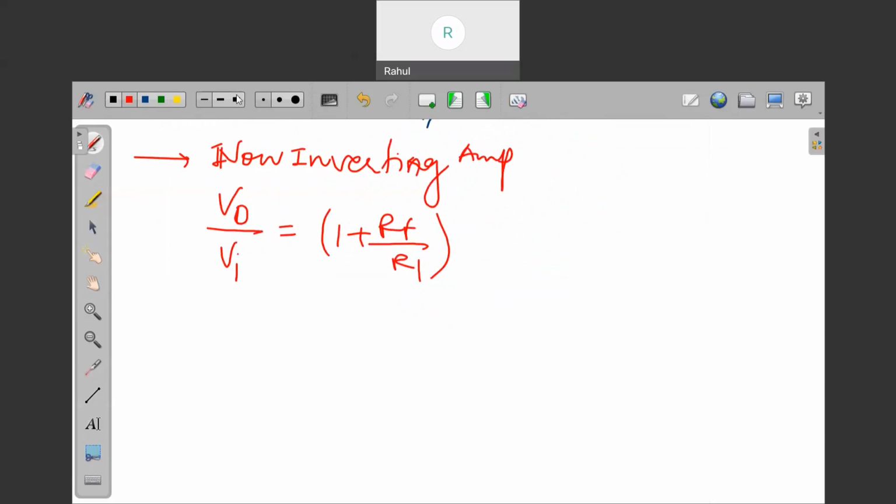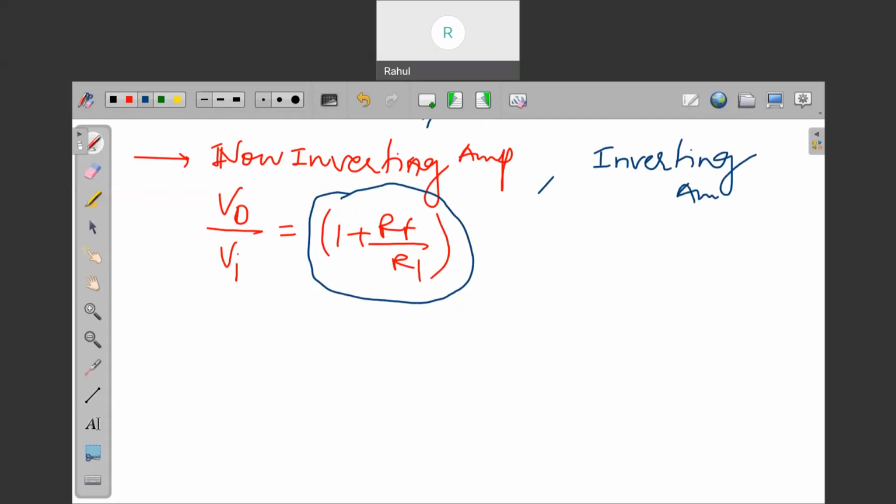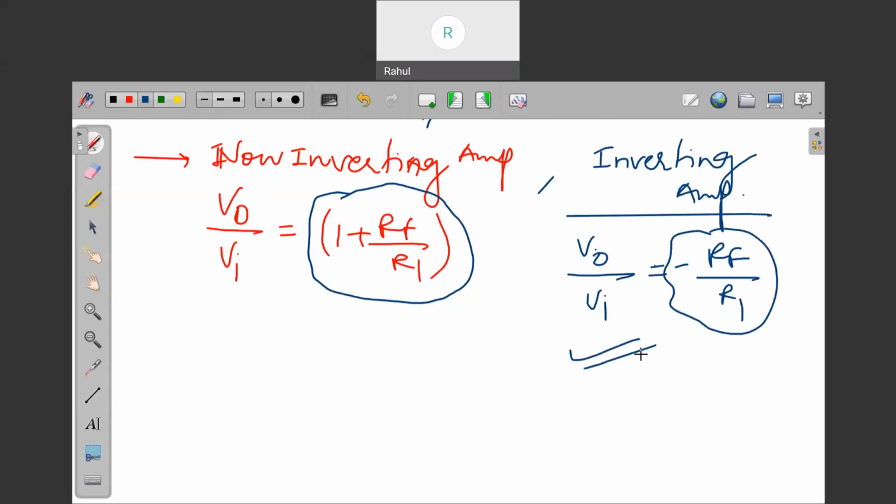This is the amplification factor. In case of the inverting amplifier, V naught upon Vi is minus Rf by R1. So this is the amplification factor.